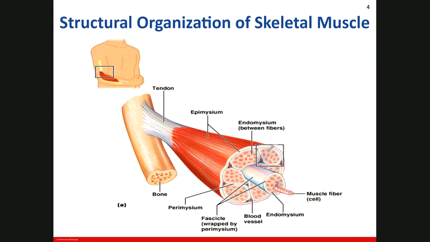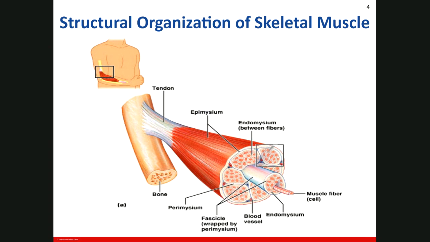If you look at this picture and if you remember from the nervous system chapter, you know that each axon is covered by endoneurium. A group of axons are covered by perineurium, and they make a nerve bundle or nerve fascicle.